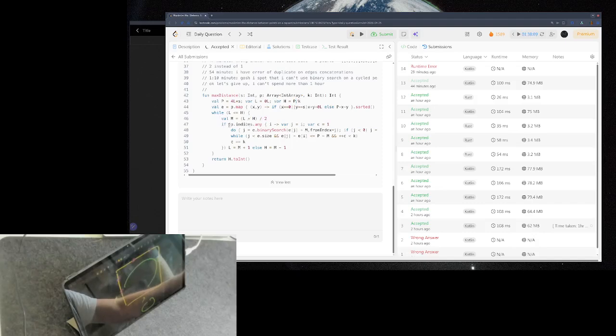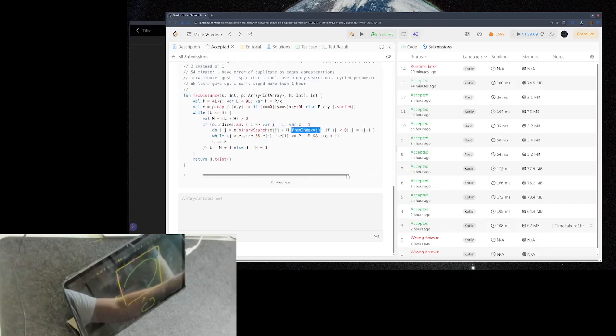Now inside I use any to check the perfect start, and I use the Kotlin built-in binary search. Inside binary search I use fromIndex to make it a little bit faster. And if you use binary search, you have to invert if your index is less than 0, meaning this is the insertion point.